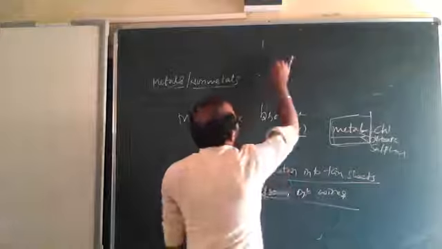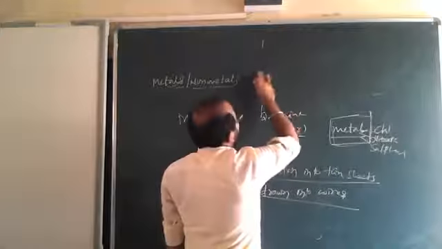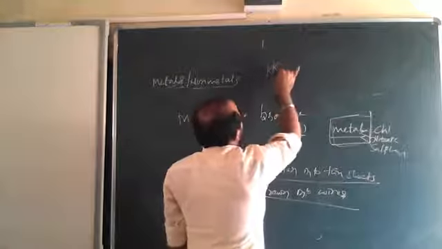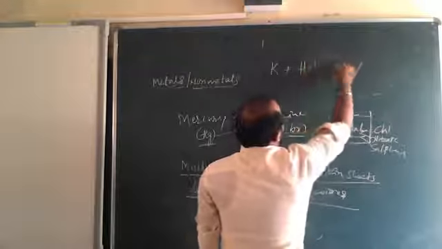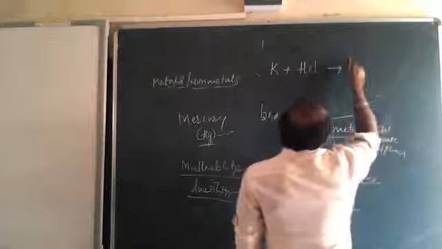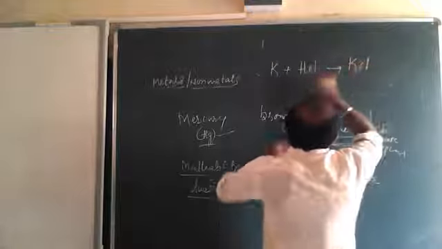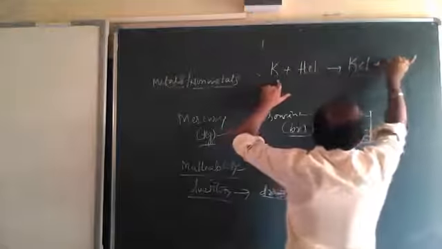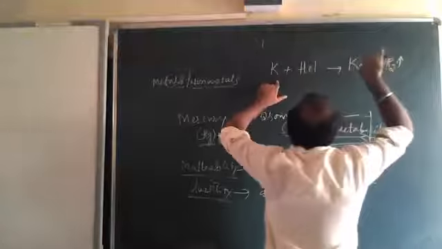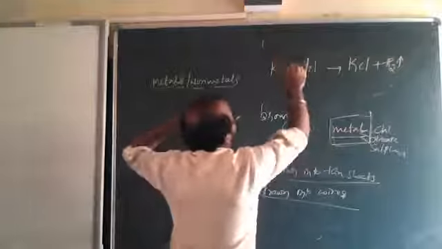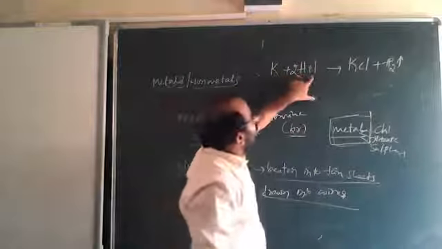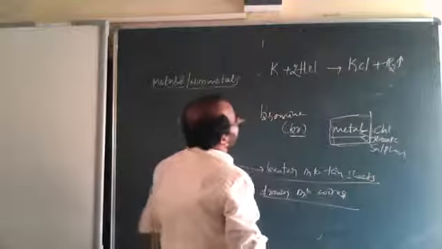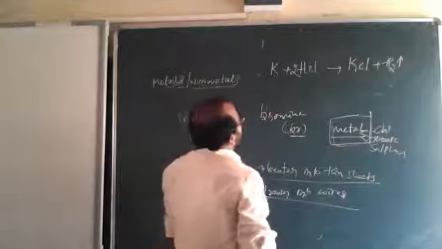Suppose, for example, you take K plus HCl. What is produced? One salt, KCl, plus H2 is released. So I have to write 2 here. 2Cl, but only 1Cl here, so I have to balance it.